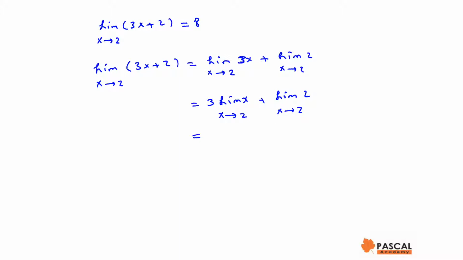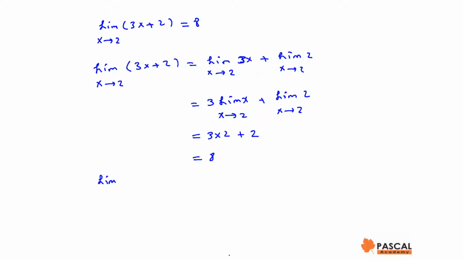The limit of x as x approaches a is a, therefore the limit of x as x approaches 2 is 2. The limit of a constant as x approaches a is that constant, therefore the limit of 2 as x approaches 2 is 2. This limit is 8. You can set up a table of values and find this limit.